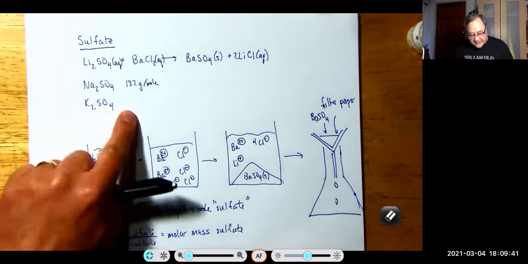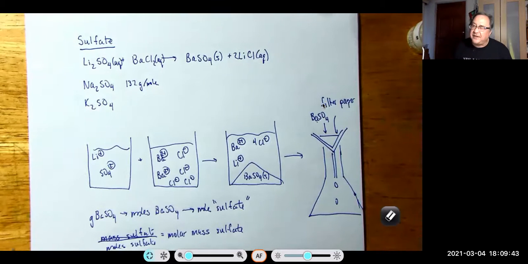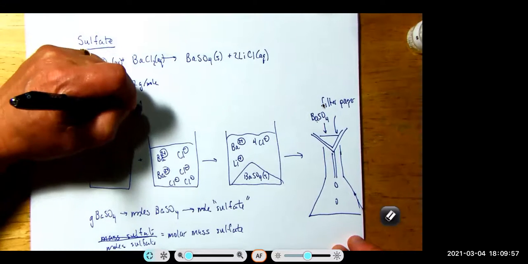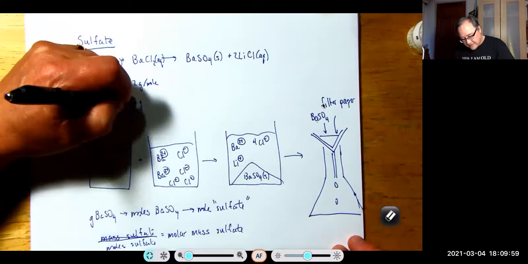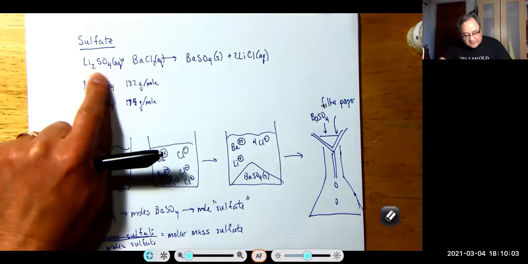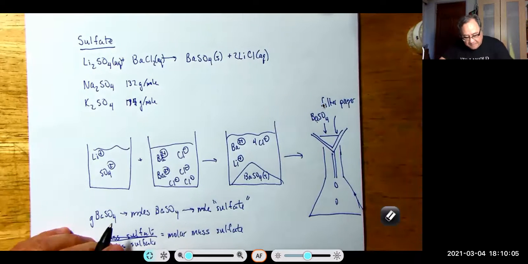Potassium sulfate is like 39 and 39 is 78. 78 and 96 is 174. And lithiums are 9, so 18 plus 96 is like 114.